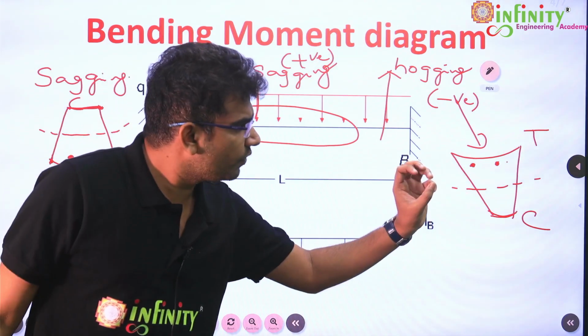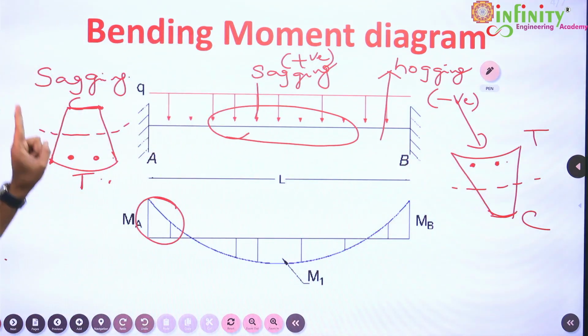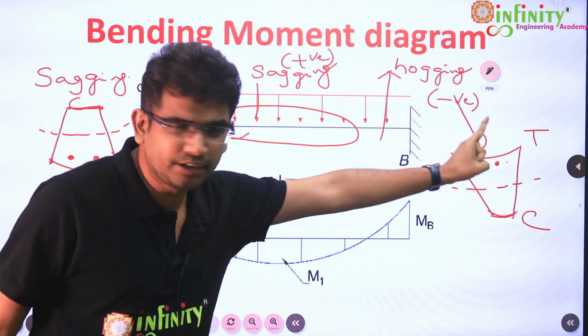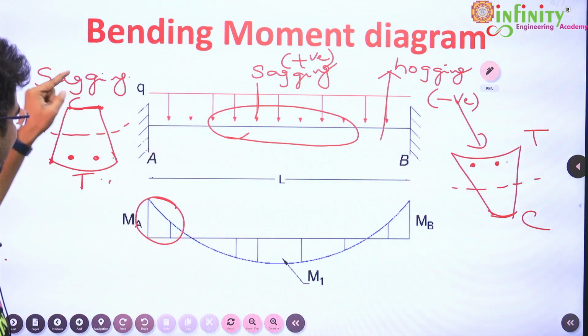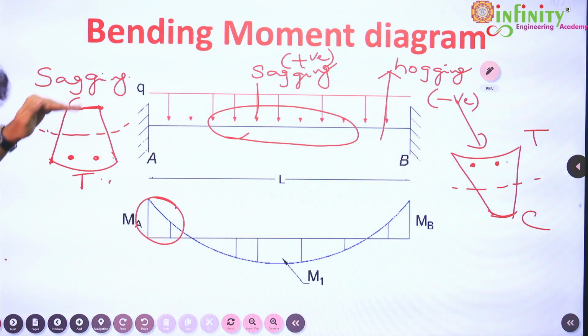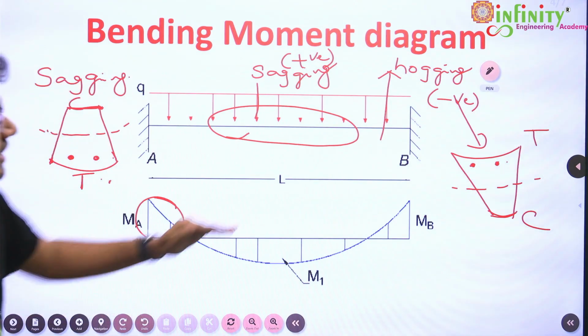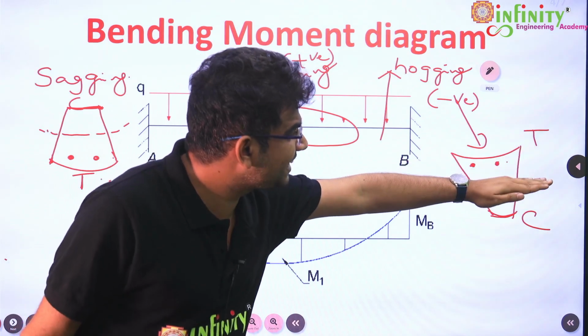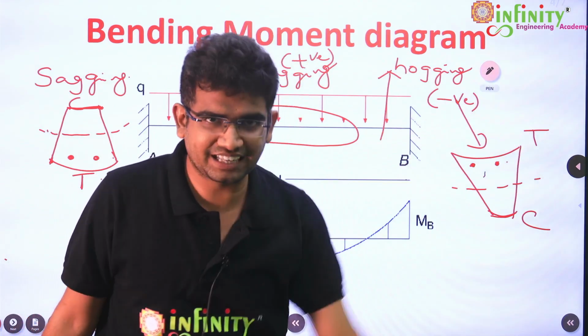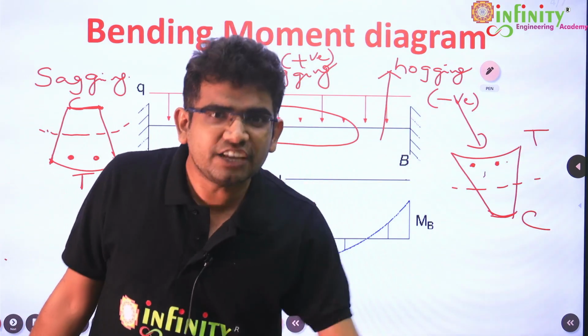Now if you observe, here it is the sagging moment, here it is the hogging moment. In the sagging we have to place the tension reinforcement below the neutral axis. In the hogging we have to place the tension reinforcement above the neutral axis. So now I think you are getting the point.